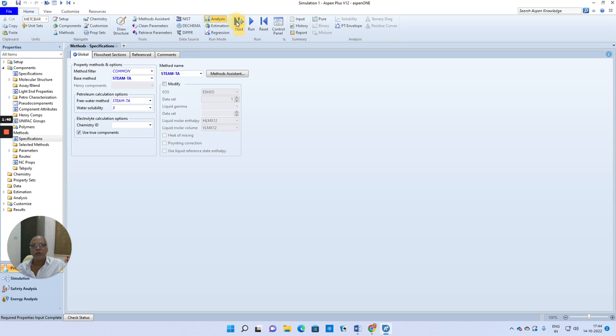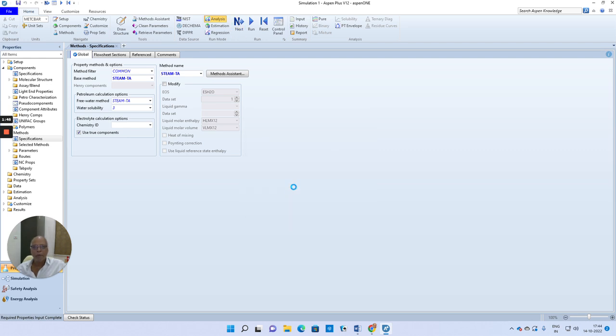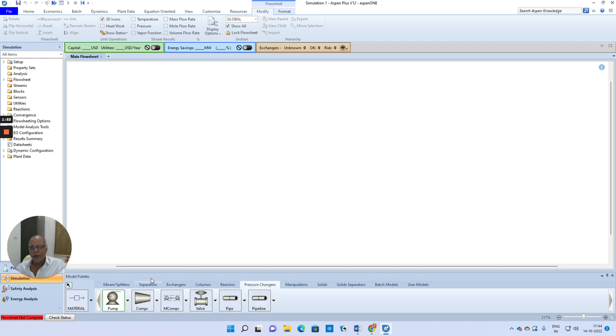So go to the next input screen, go to simulation environment. Now you have a pump which needs to force water through this pipeline. The difference between pipe and pipeline is, if you have a single segment pipe with constant diameter and rise, which can also include fittings, you can use this model.